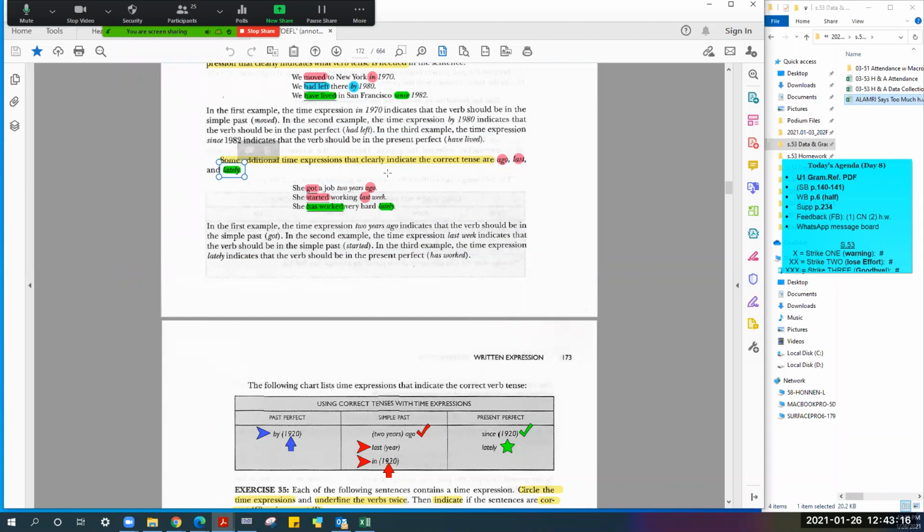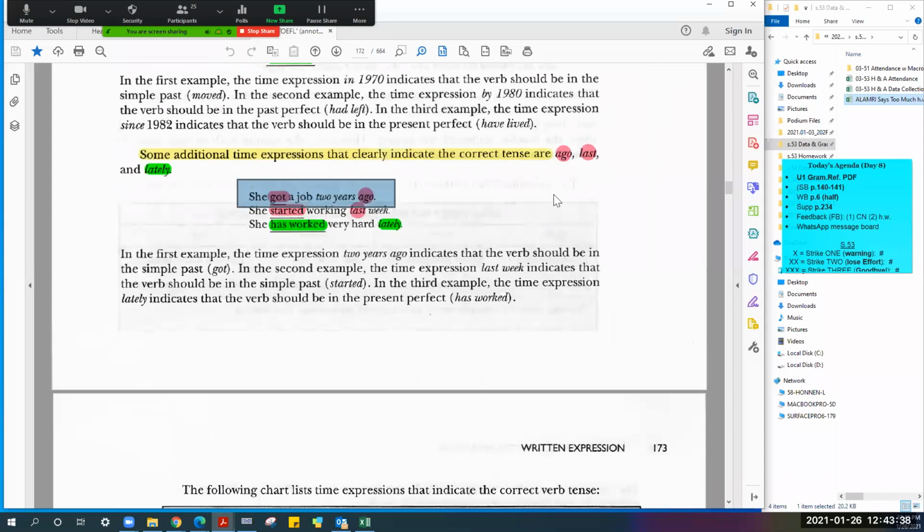Now, these expressions are almost 100%. You understand? So, let's see. Hermes, example. She got a job 2 years ago.